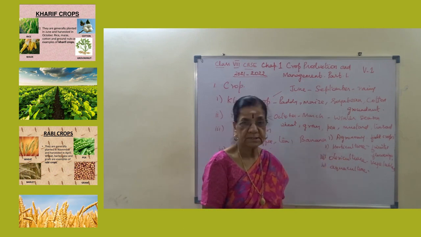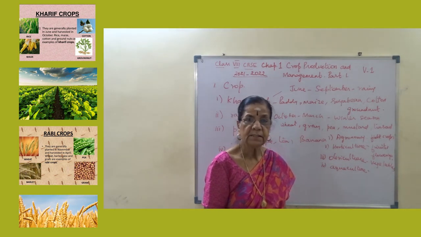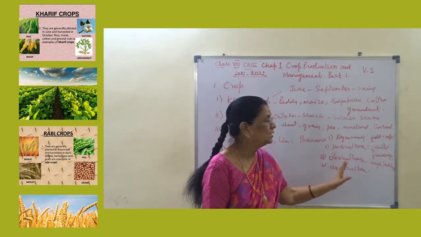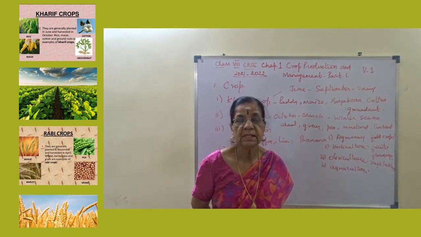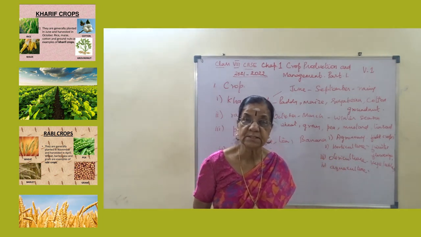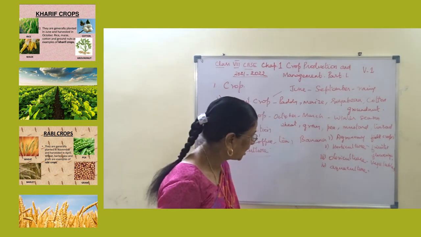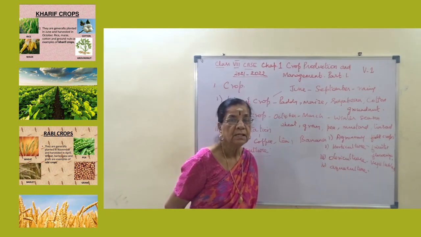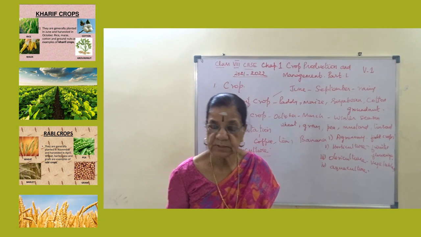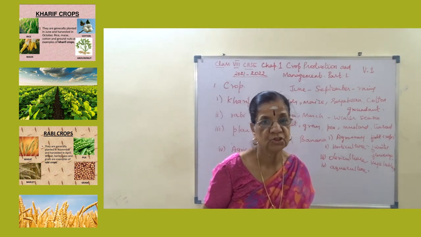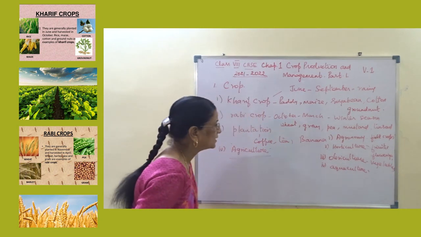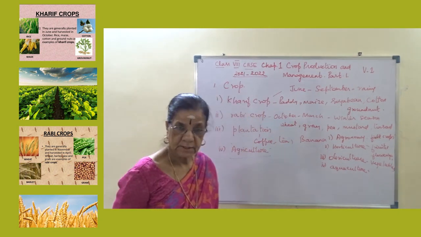Then horticulture is cultivation of flowering plants and fruits. And olericulture is cultivation of vegetables. And aquaculture is cultivation of aquatic animals. So that is the branches of agriculture.